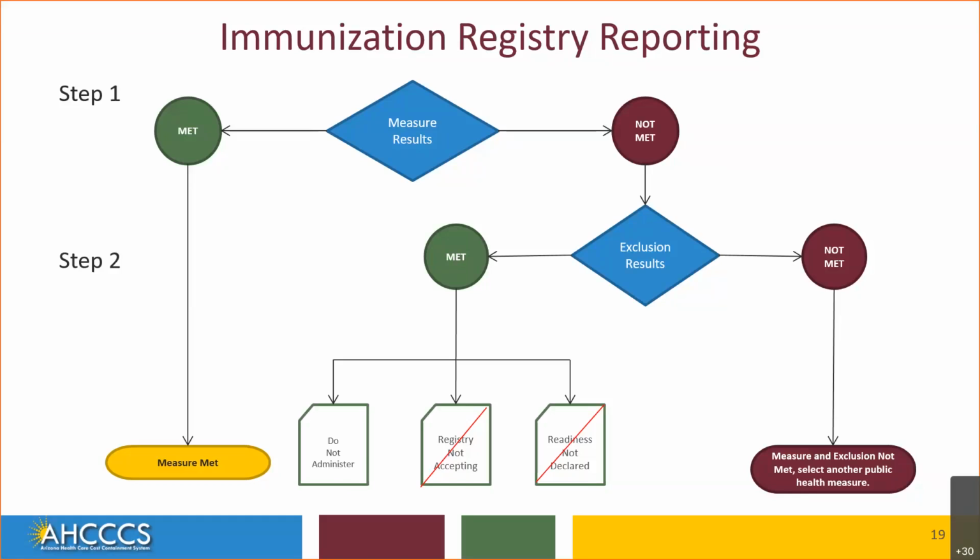Going back up all the way to the right, you can see that the EP does not meet it, and therefore should select measure and exclusion not met, so they should select another public health measure to report to. So you can walk through this slide to try to figure out, should you use Measure 1 as one of your registries? Because you only have to submit data to 2 registries to meet this objective.